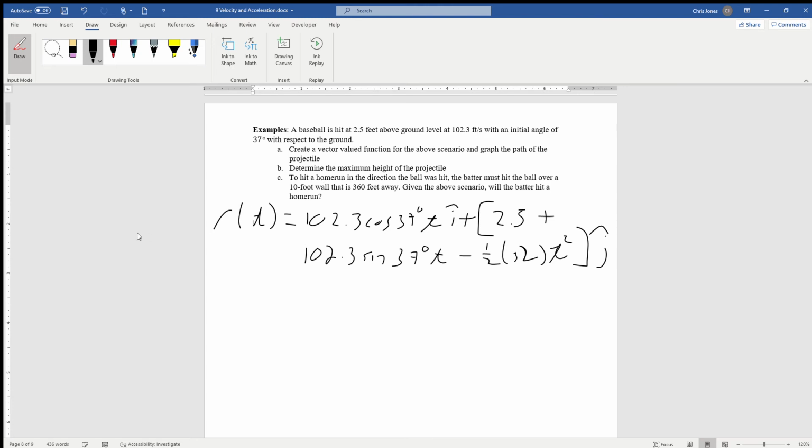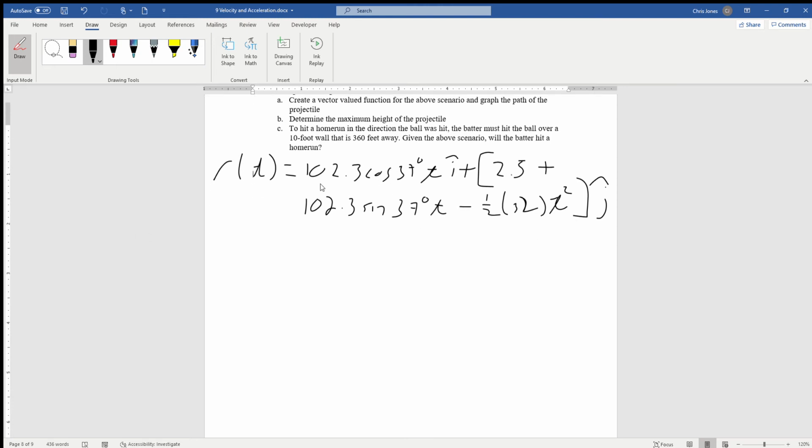Now, I'm going to approximate these trig functions to the nearest tenth place.